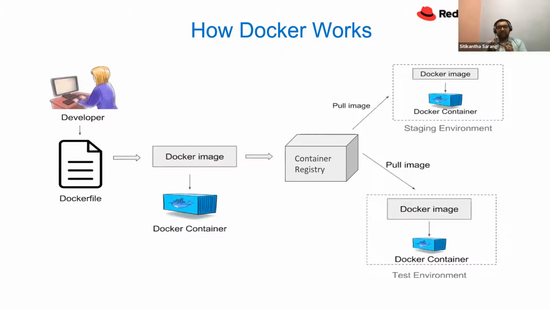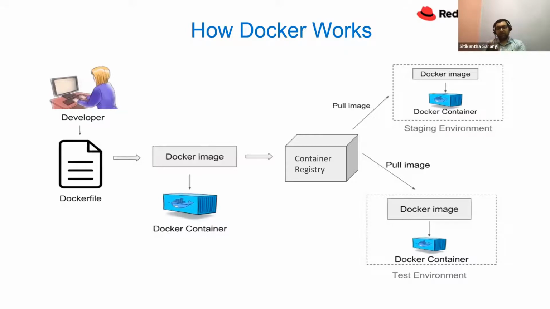So that instruction is written in the Dockerfile, and you use that Dockerfile to create the application container. To create an application container, the first thing you need is the base Docker image. Suppose you have a Java application. For it to run, you need some kind of application server. Suppose JBoss, or WildFly, or a Node application server, or an Apache server.